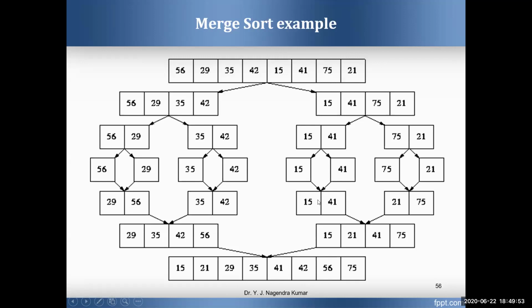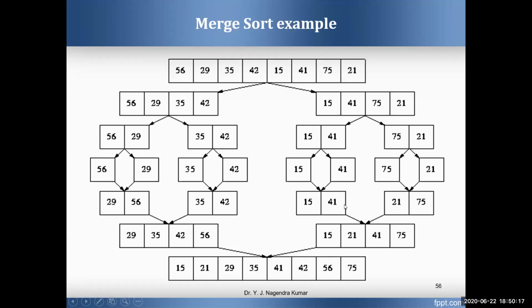Now when it comes to the right part, 15 compares with 21. So 15 is in the first place. So strike off this 15. Now you compare 41 with 21. So 21 is in the second cell. So strike off 21. Now you have to compare 41 with 75. So 41 is the smallest number, that's why it is in the third cell. So the first sub-array elements are over.